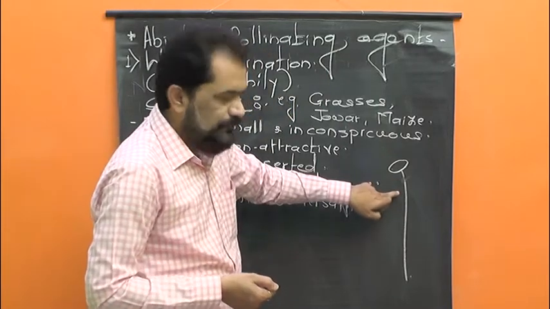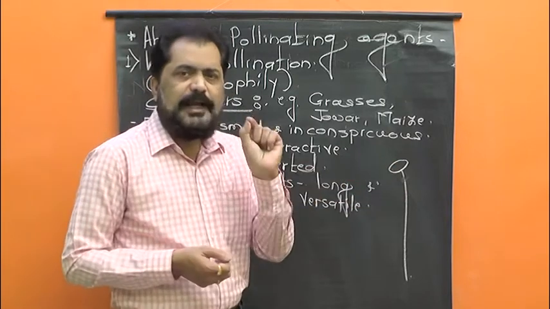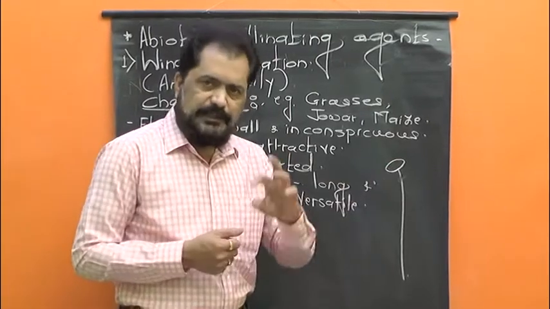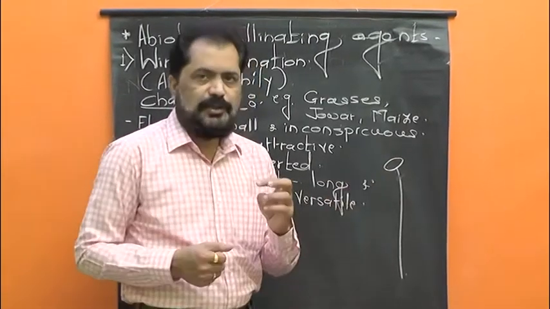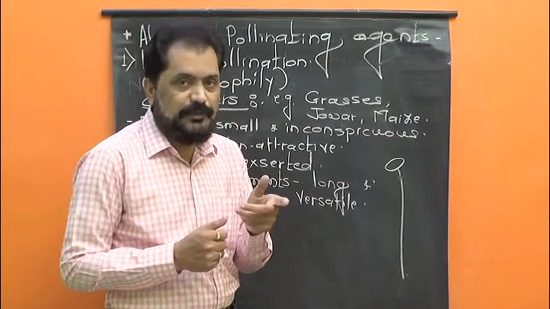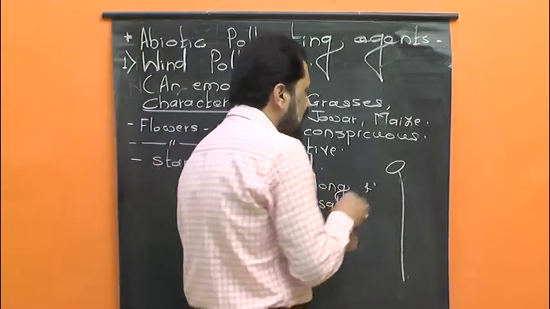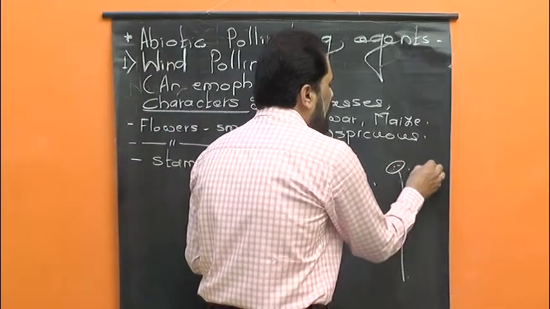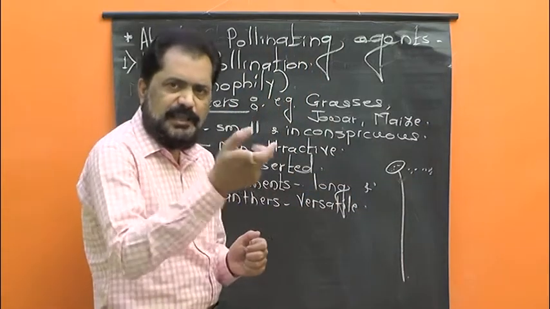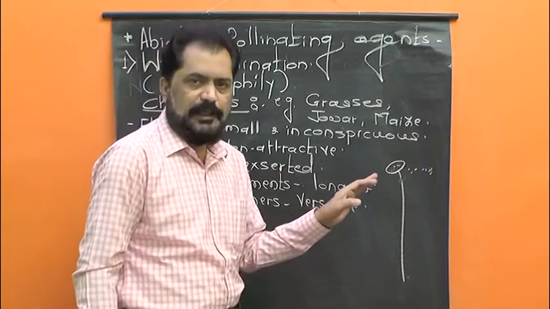The filament is attached to the anther at a very small point, and that's why this anther shows free hanging, it shows free oscillation. It is necessary, as I said just now, for the easy release of pollen grains from this anther. Such a freely hanging, freely oscillating anther is known as a versatile anther.